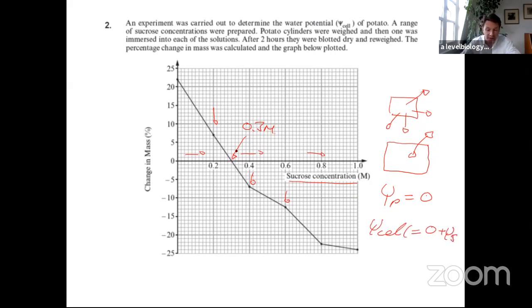So when it neither gains nor loses mass, you know that there's no pressure applied back onto the cell contents by the cell wall. At that point, the water potential of the cell cytoplasm is equal to the water potential of the external solution. Very common question.